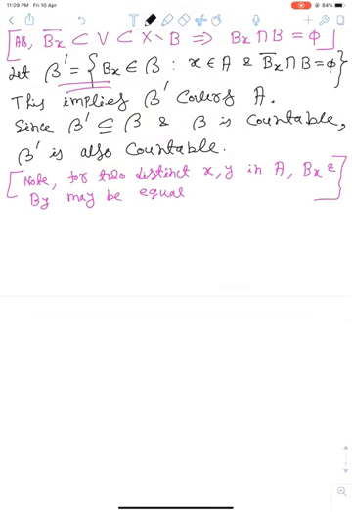So we can say beta dash is a countable open cover of A.